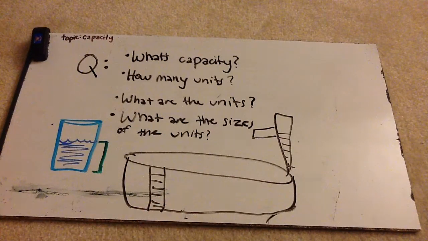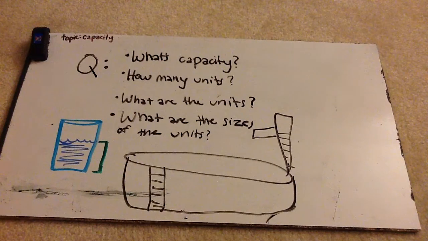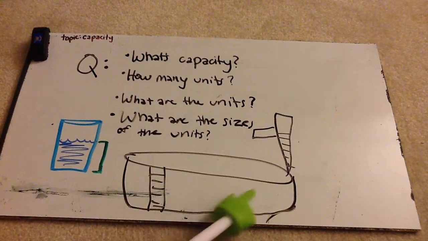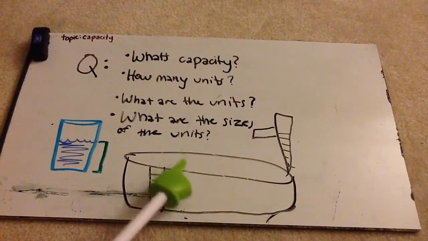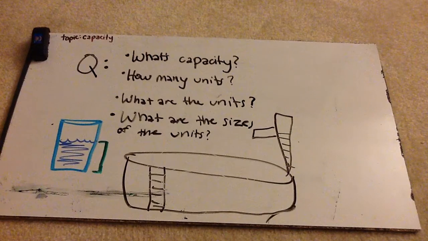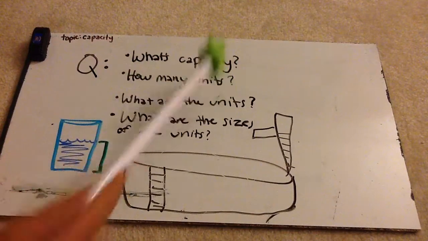It's a really bad diving board. But say there's a pool. The capacity would be how much water the pool holds inside, how much water there would be inside total. Okay. We found out what capacity is.